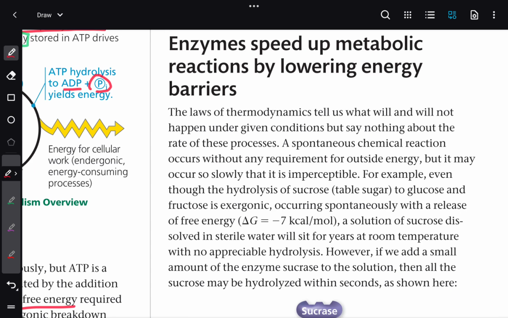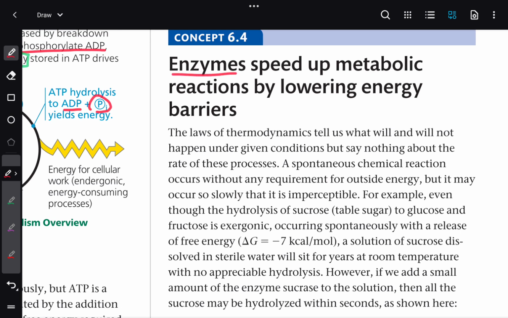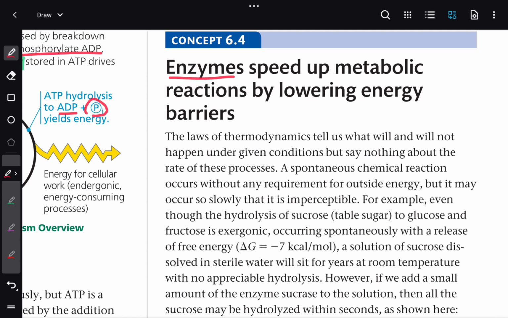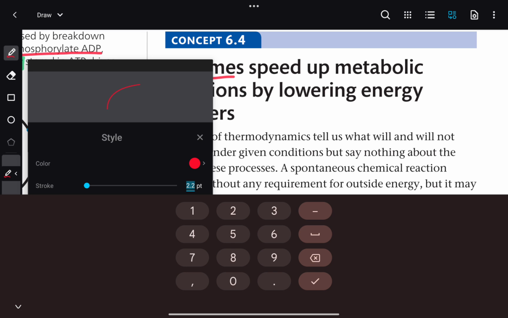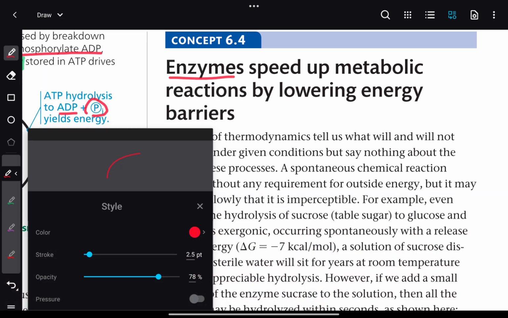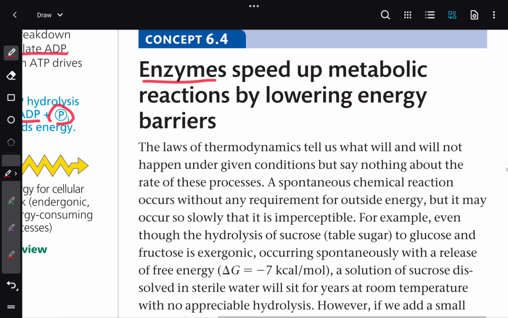What is the role of enzymes? Enzymes speed up metabolic reactions by, that's a very important concept, lowering energy barriers. What does that mean? What's an energy barrier?